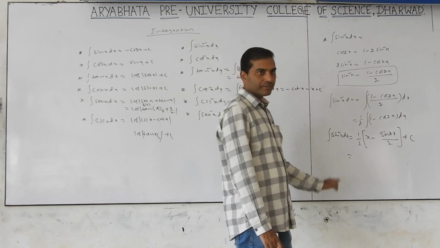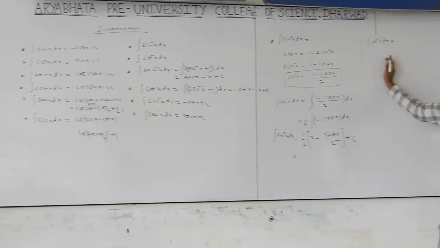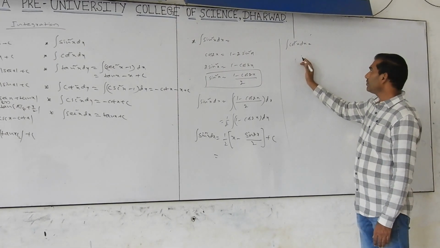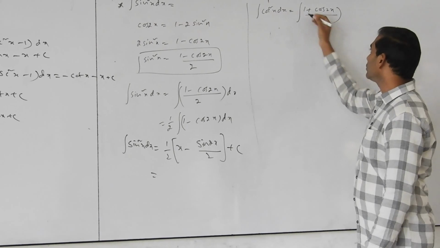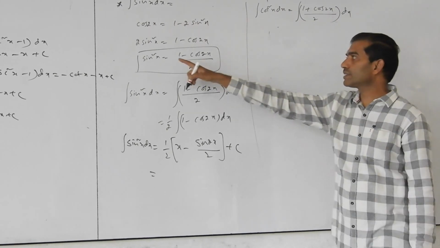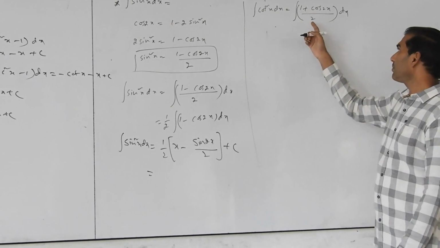The same way, try the integration of cos square x dx yourself by reducing the power. Cos square x equals 1 plus cos 2x by 2, from 2 cos square x minus 1 equals cos 2x. Most important formula.